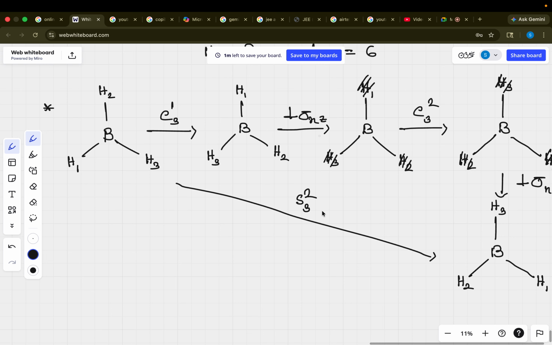So you just operate S3 square on this molecule and you will get this. Or if you operate C3 square, you rotate by 240 degrees, and you also get this molecule.